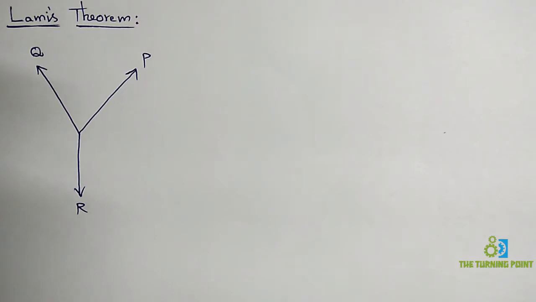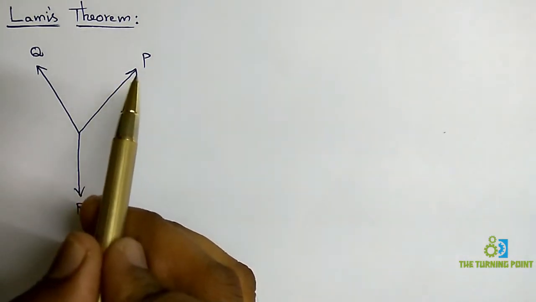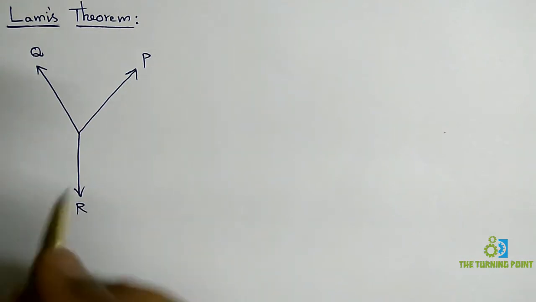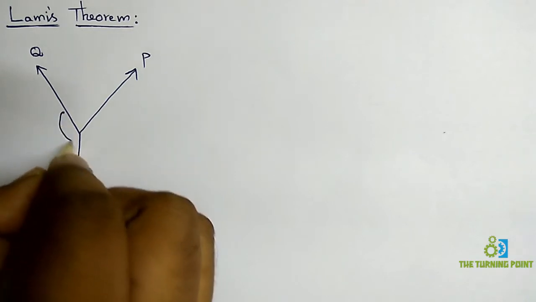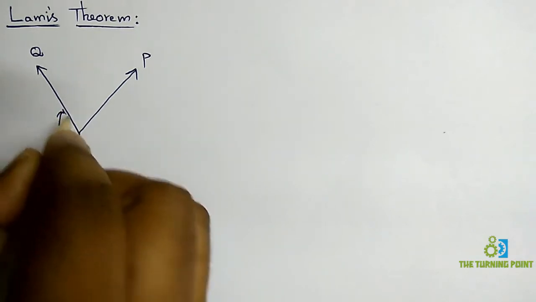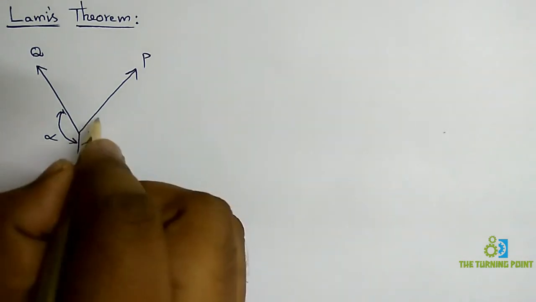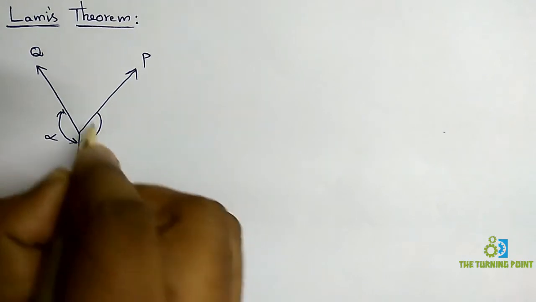I have considered three forces here. One is P, another one is Q, the third force is R. Let us consider the angle between the forces Q and R as alpha. The angle between the forces P and R is beta.